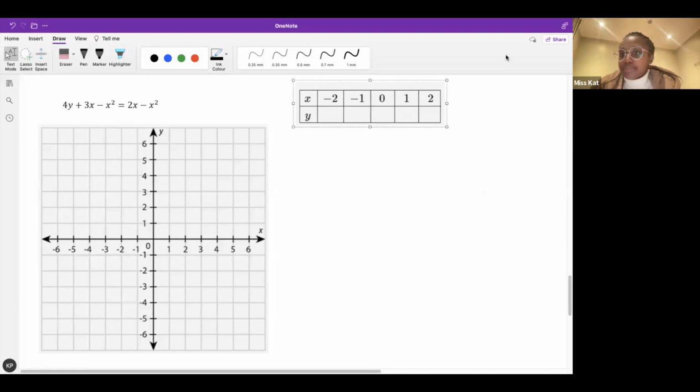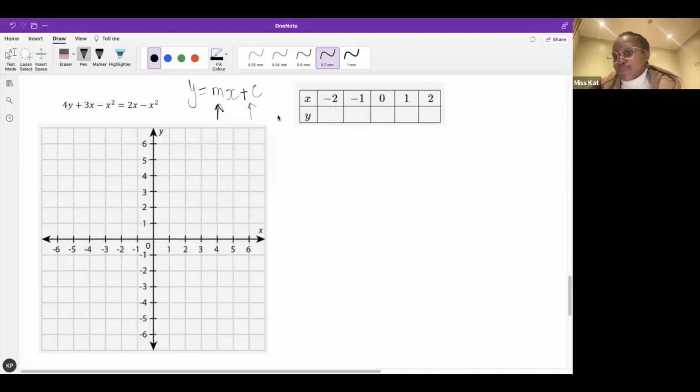Ma'am, not gonna lie, it's my first time hearing about this standard form. Okay, standard form means you're just putting it in the form y equals mx plus c. Were you here when we spoke about gradients and c? Yes, ma'am. So that's what we want. We want to put this whole equation in the form y equals mx plus c. But I did put a bit of a trick there.